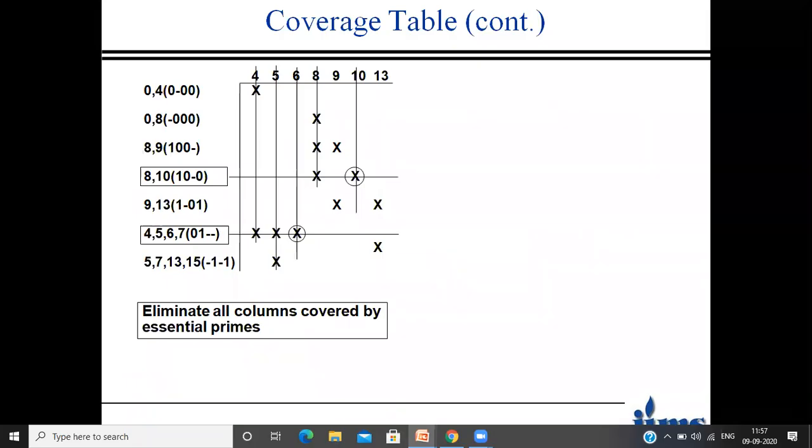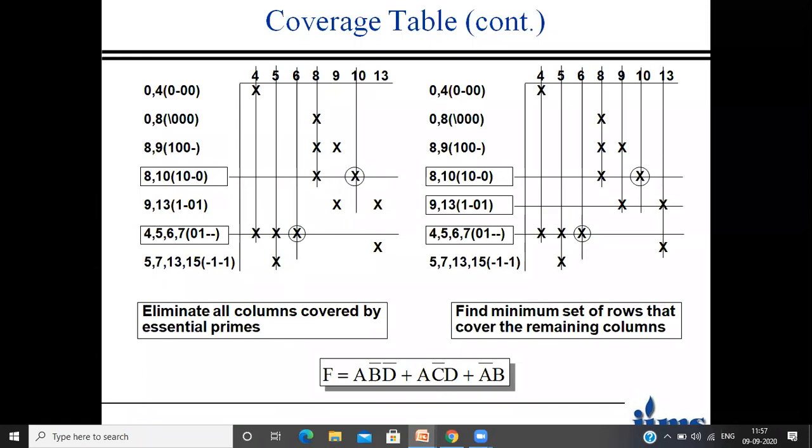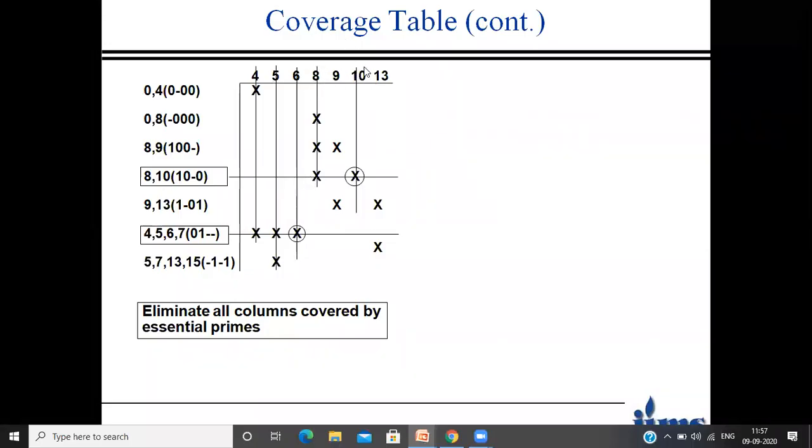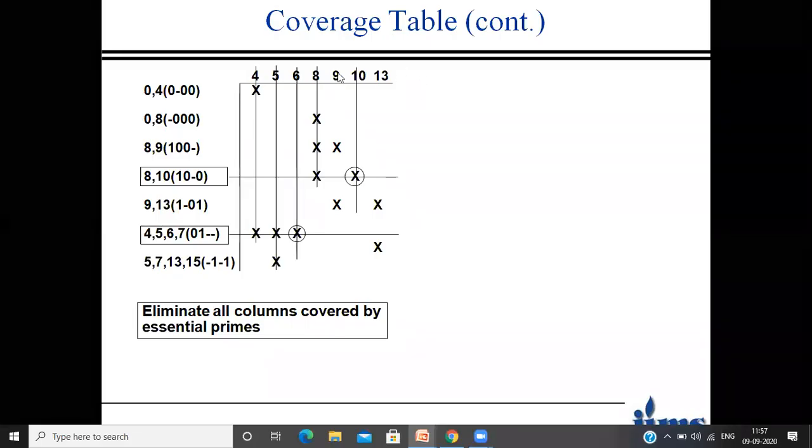So when we look into this, we have to find out whichever is covered. So 8, 10: 8 is covered, we have crossed it, 10 is covered, we have crossed it. 4, 5, 6, 7, then 4, 5, 6, 7, we don't care. So we are left with the 2 minterms 9 and 13, which are not covered in our final answer.